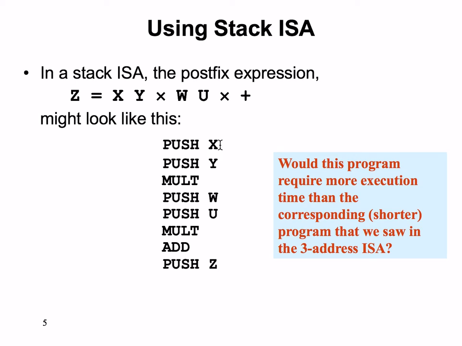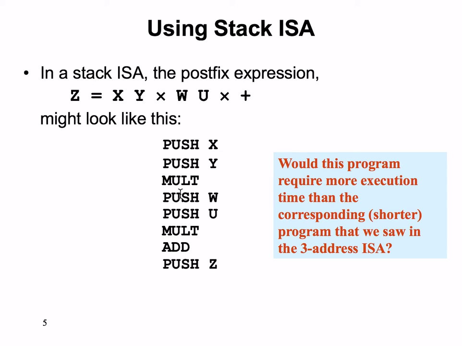Push x, so you scan x and push it onto the stack, and then push y onto the stack, and then you have the multiplication. It means you take the values of x and y, multiply them together, and the result is pushed back onto the stack.